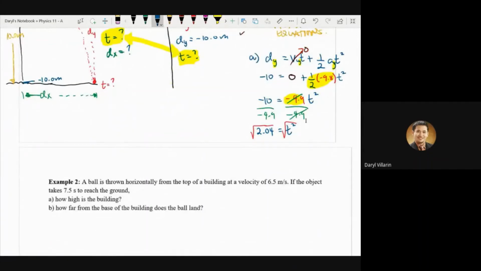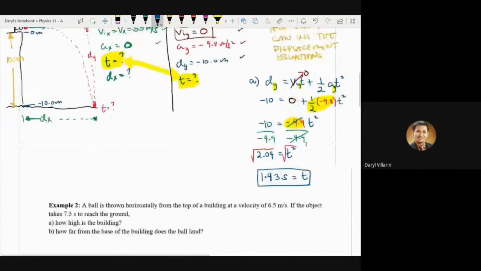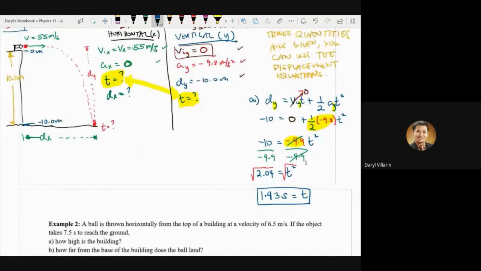So that's around 1.43 seconds as the time. This is how long the projectile will travel from this position down here.